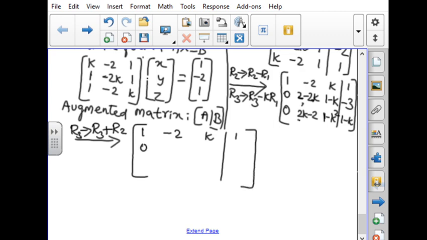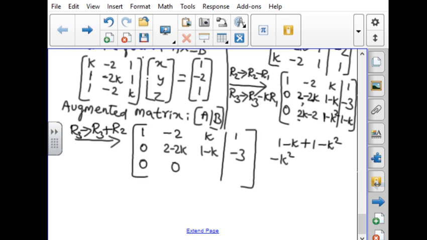The second row as it is, 0, 2 minus 2k, 1 minus k, minus 3. The third row we add with row 2: 0 plus 0 becomes 0, 2k minus 2k is 0, minus 2 plus 2 becomes 0. And here we have to be careful, we are going to add 1 minus k plus 1 minus k squared. So what are we getting here?